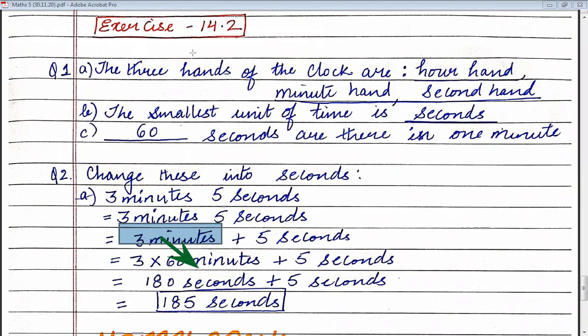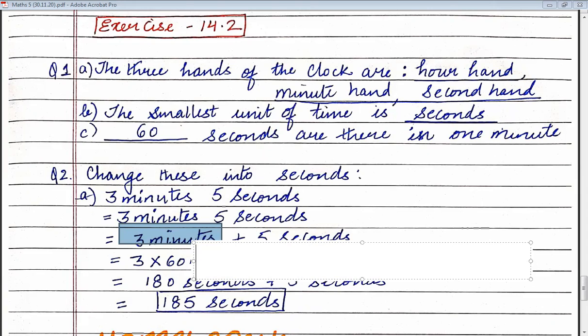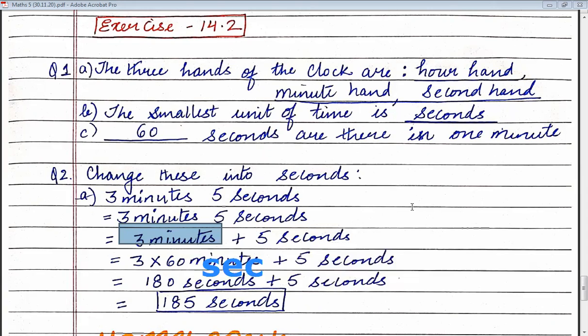It's 3 multiply 60. Okay? So now 3 multiply 60 is equal to 180 seconds. Here also it will come in seconds. So 3 multiply 60 seconds plus 5 seconds is equal to 180 plus 5.